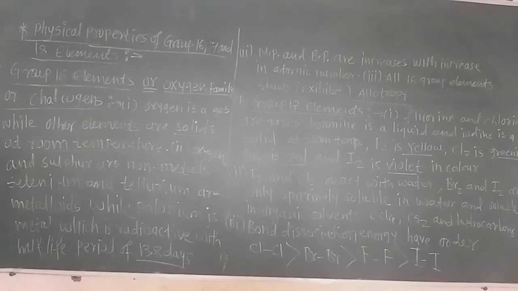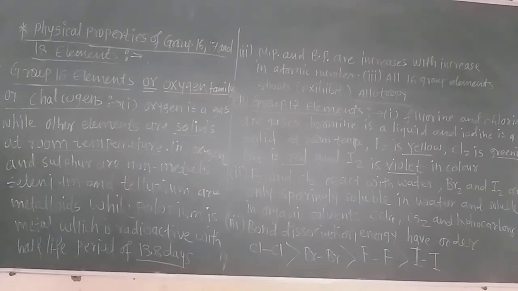Now I think there is somewhat of a printing mistake here, because one might think fluorine, having a very large tendency of electronegativity, would require very large bond dissociation energy, and the bond could not be broken so easily. So this is the order of bond dissociation energy as shown.